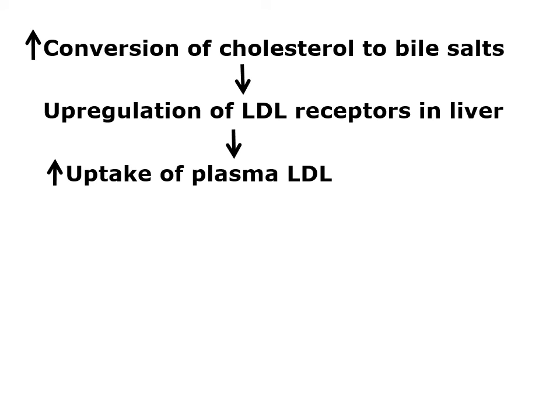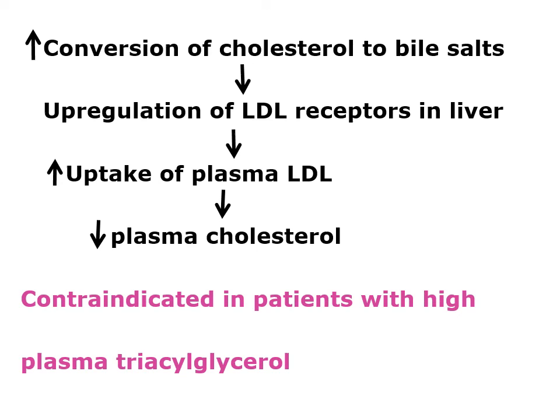So there is increased uptake of plasma LDL, and naturally the serum cholesterol level decreases. But bile acid sequestrants are not to be given in patients with high plasma triglycerides.